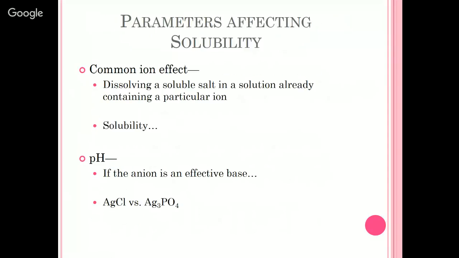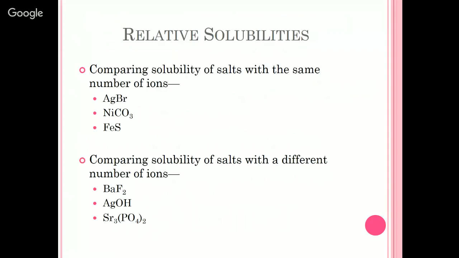So we like to talk about things that affect solubility. What are some factors that affect solubility? What is the common ion effect? The common ion effect means that we already have one of those particular ions in solution. If I go back a slide, what happens if I add silver bromide to a solution that already has bromide ions in it? There's already a certain amount of bromide ions in it.